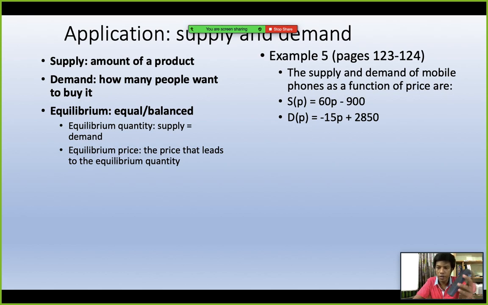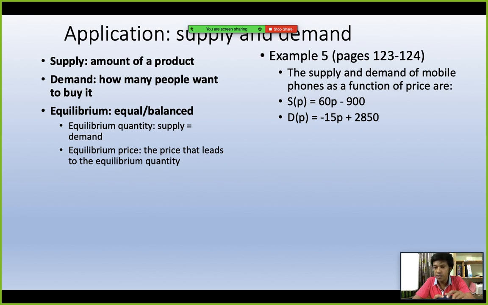Suppose this calculator is 500 taka, and if they start selling it at 600, 700 or 800 taka, which is 200, 300 taka more than its regular price, then people will not buy it that much, because they know the regular price is 500.